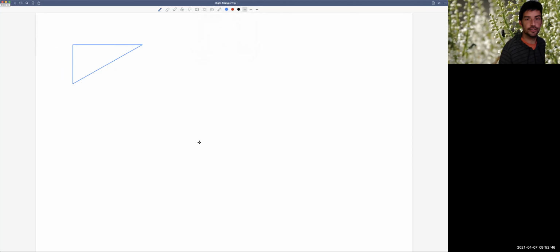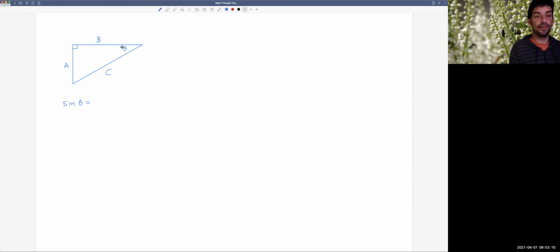There we got a right triangle. Here is our right angle. And let's put an angle, let's look at this angle theta. Okay, and let's give some names to these, A, B, and C. For instance, let's look at the sine of theta.